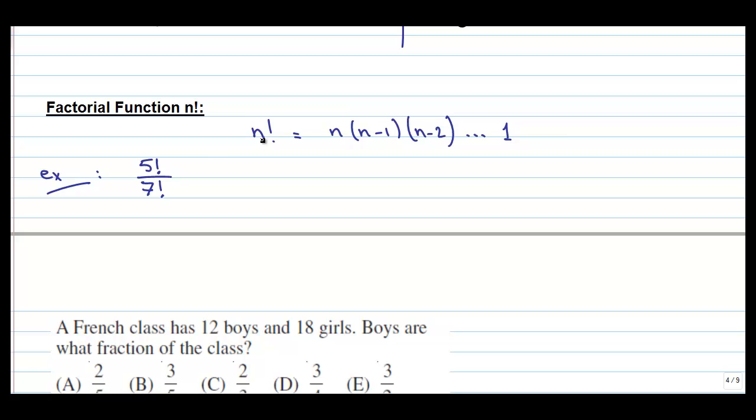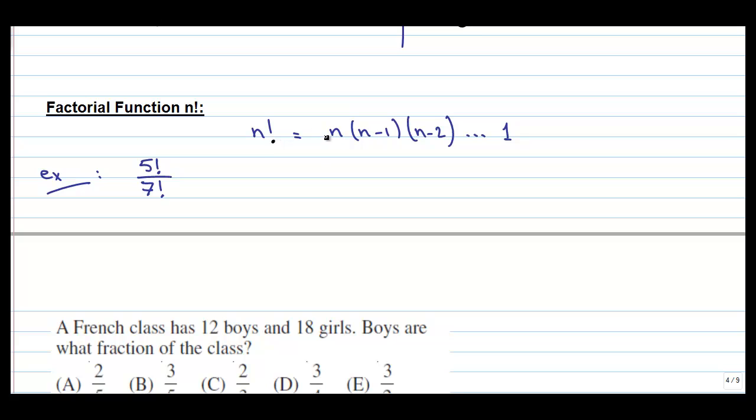If you write any variable like n, for example, followed by an exclamation mark, this is pronounced n factorial. The rule is very simple: you multiply all the integers between 1 and n.